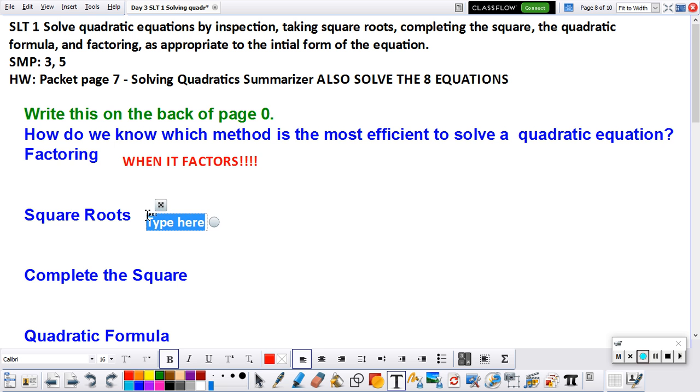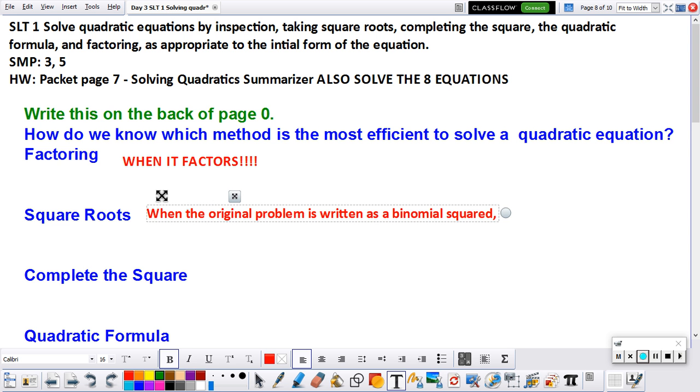When do I know to solve using square roots? When the problem, let's make it the original problem, is written as a binomial squared, or there is no bx.